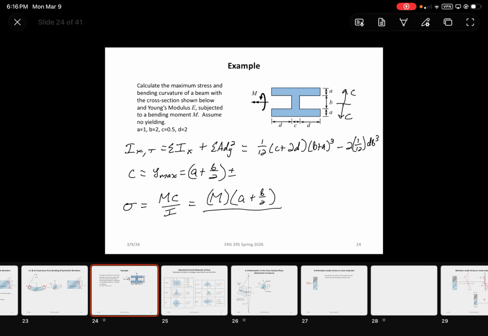And then I is going to be this giant term, 1 over 12 times c plus 2d times b plus a cubed minus 2 times 1 over 12 db cubed. It looks a lot cleaner with numbers most times.